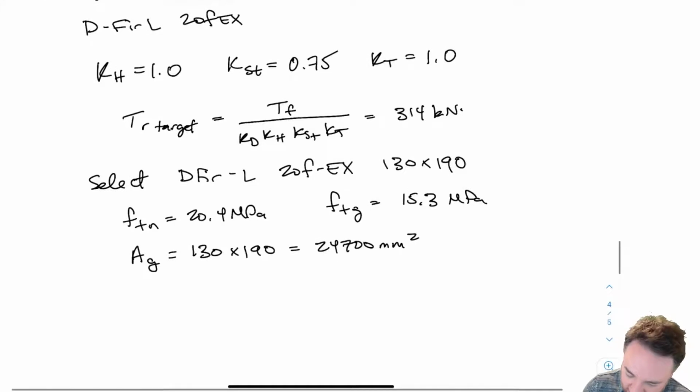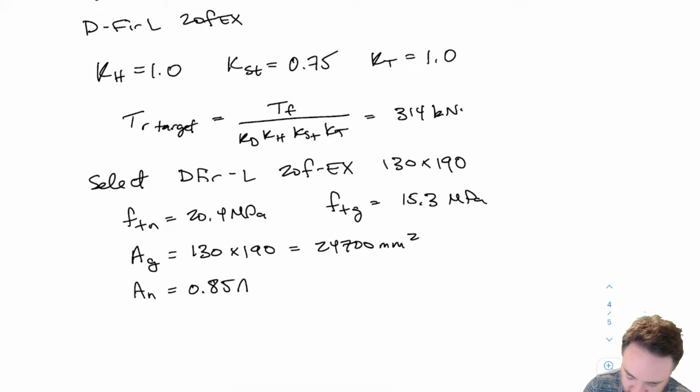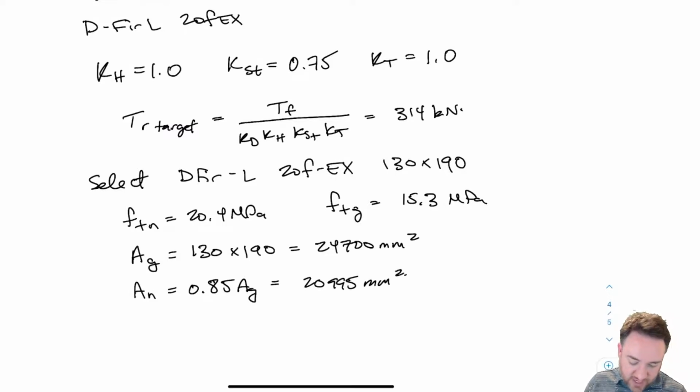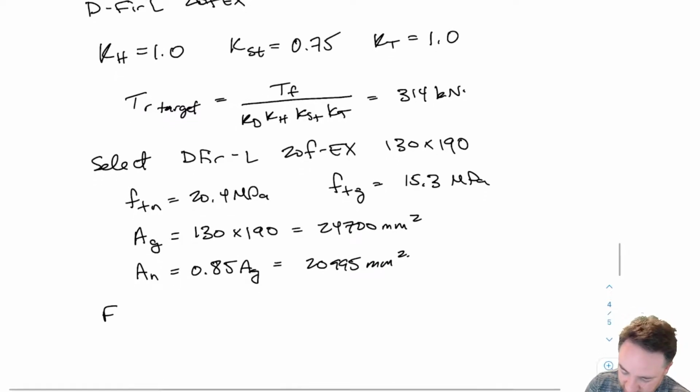And my net area, which we're assuming to be 85% of the gross, this is not always the case, this is just an assumption that we made in this case, is going to be 2995 millimeters squared.